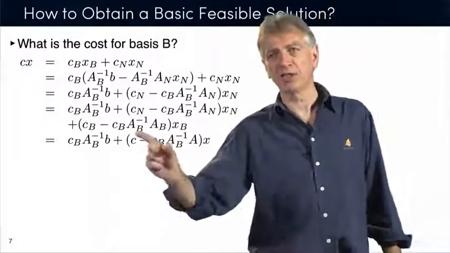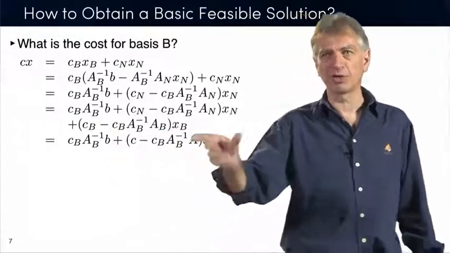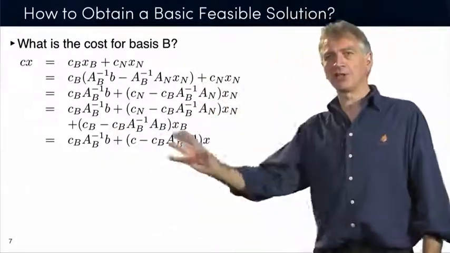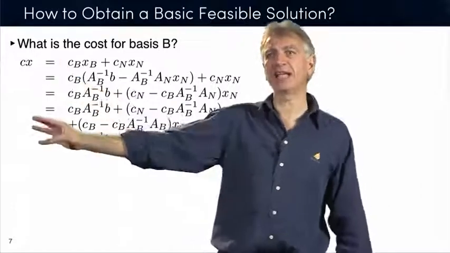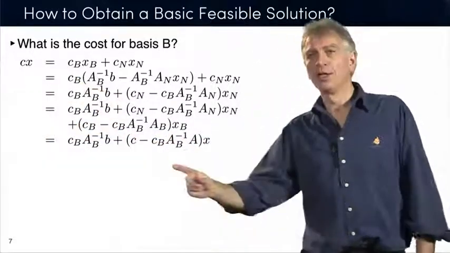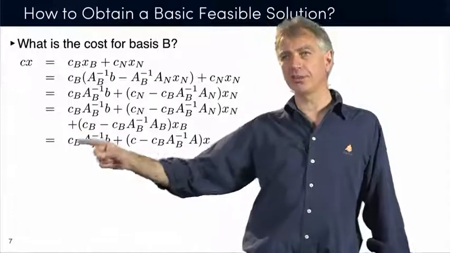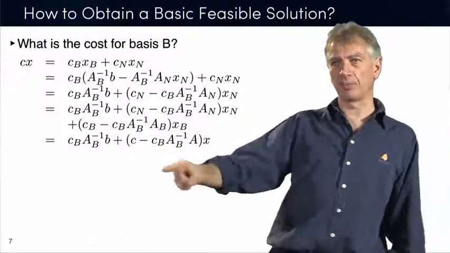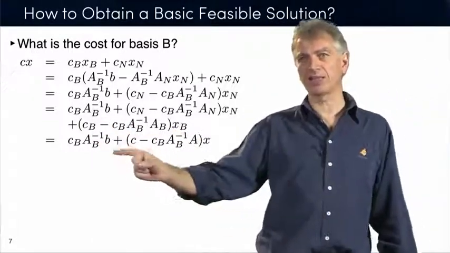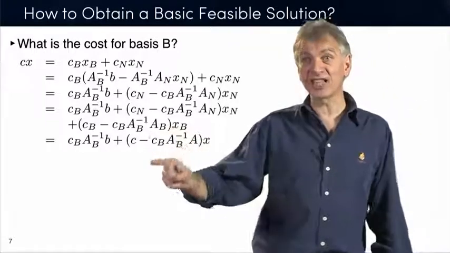But the C here is real, it doesn't depend on the basic or non-basic variables, and you have the real matrix A. So this is how you can re-express Cx. Cx is equal to this expression, where you have the value of the constant there, and then you have the non-basic variables expressed in terms of C and then A and then these things.